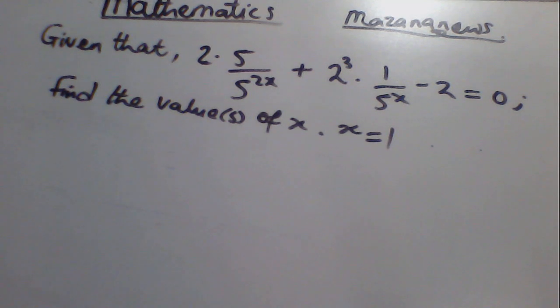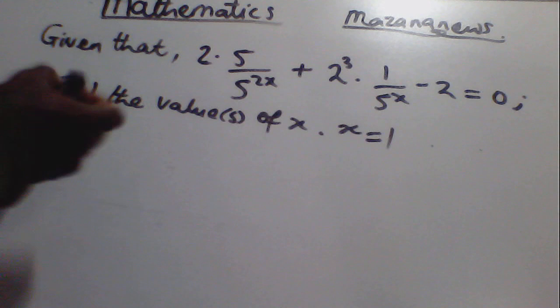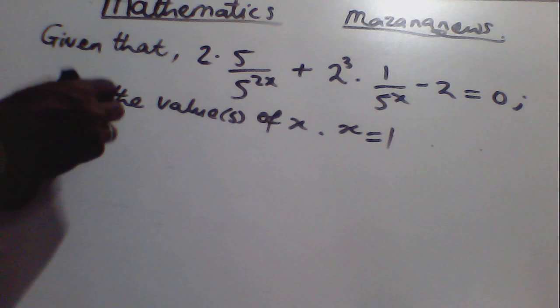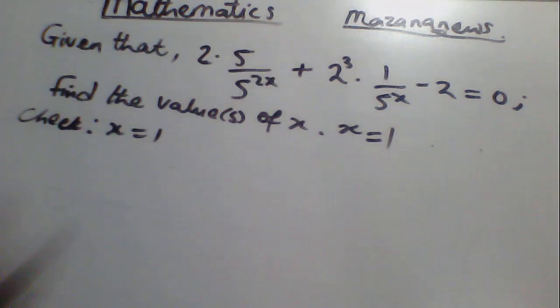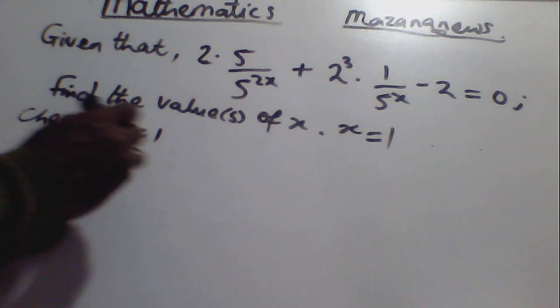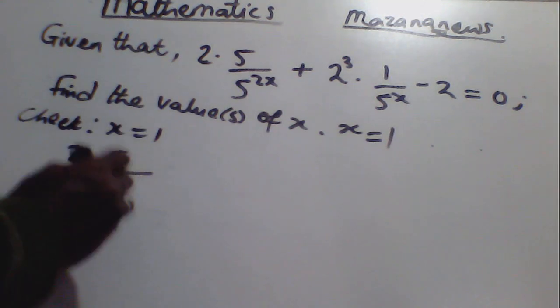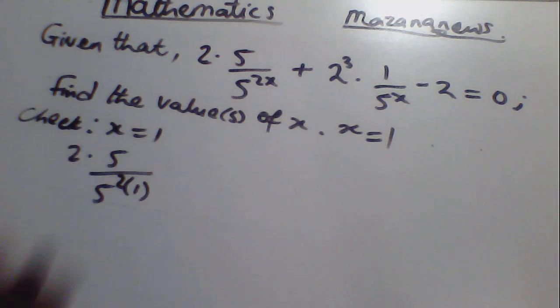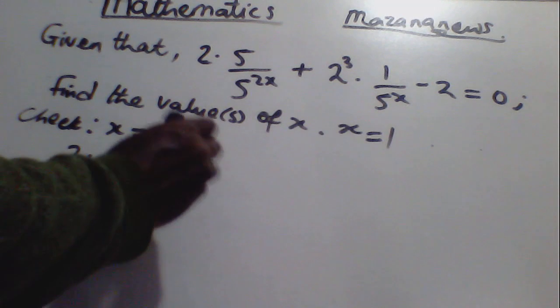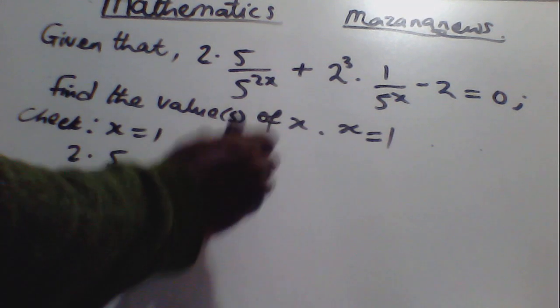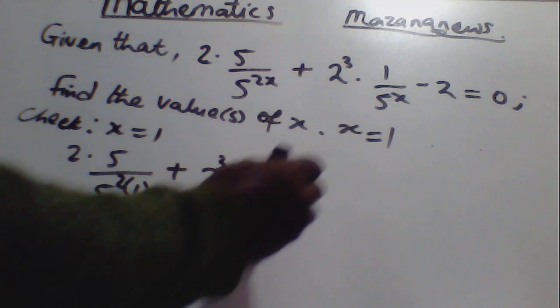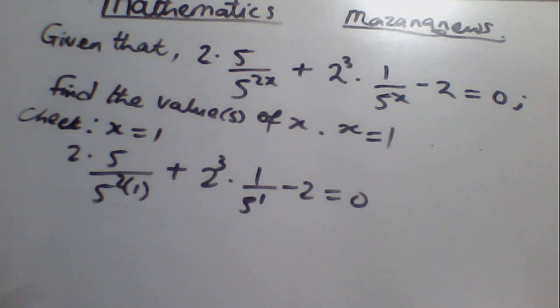So let's check x equals 1 in this equation to see if it satisfies it. We have 2 multiplying 5 over 5 raised to 2 times 1, plus 2 raised to the power 3 times 1 over 5 raised to the power 1, minus 2 equals 0.